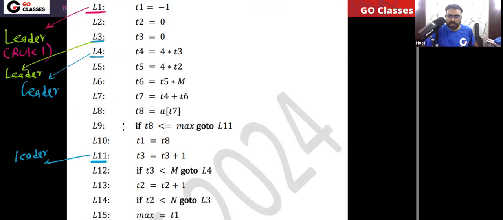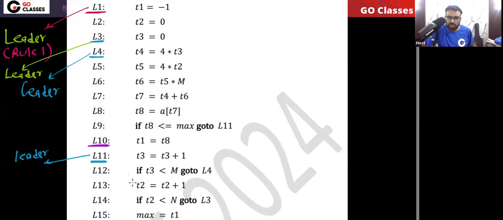What are the other leaders? We have seen rule number 1. The very first instruction is a leader, so L1 is a leader. Next, you can see L11, L4, L3. These are the targets of jump instructions, so these are also leaders. Next, remember, for any jump instruction, conditional or unconditional, the very next instruction is also a leader.